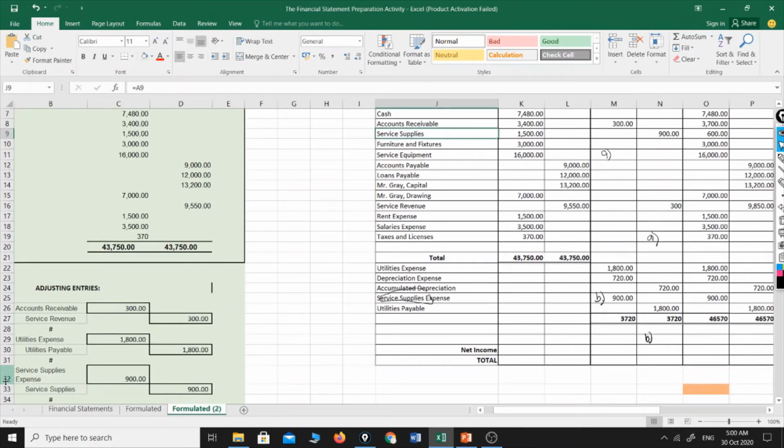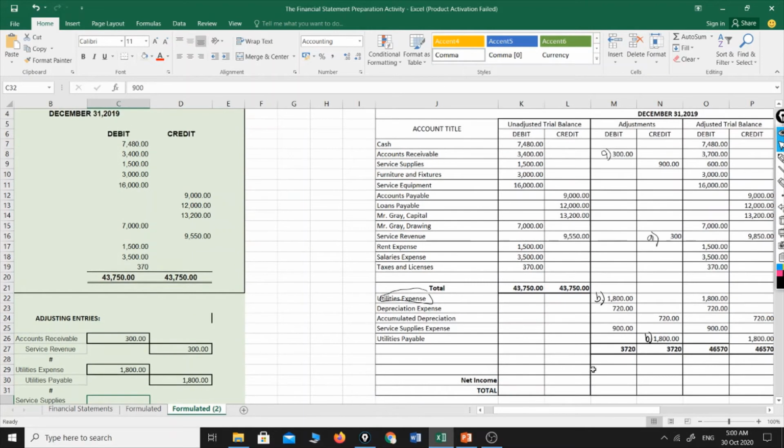Based on our adjusting entry, it was credited. Okay. For service supplies expense, it is debited. So therefore, I will add service supplies expense here and then extend the amount 900. Okay, so this is letter C. So its related credit is the service supplies.